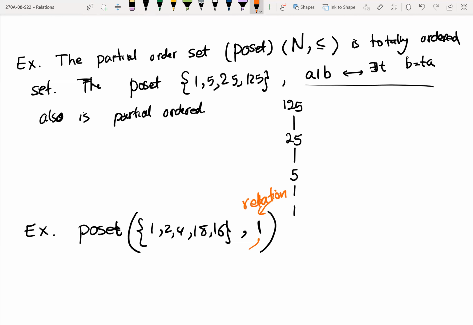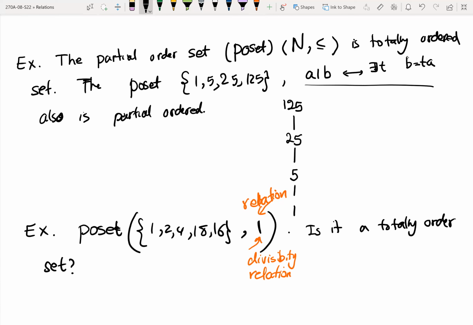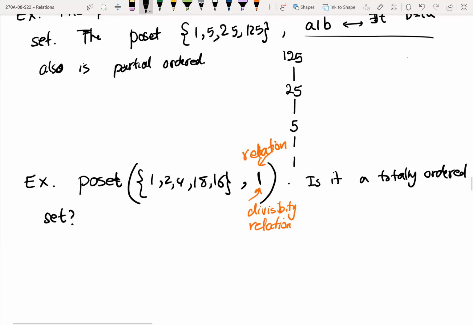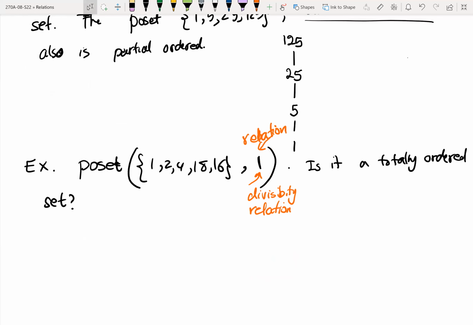Divisibility. The question asked me: is this a totally ordered set or not? Is this one a totally ordered set or not?